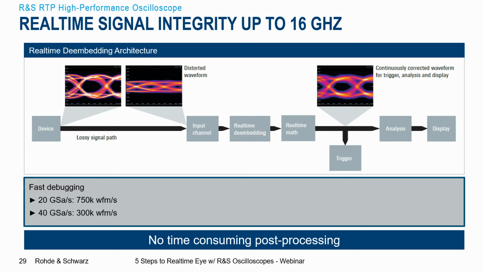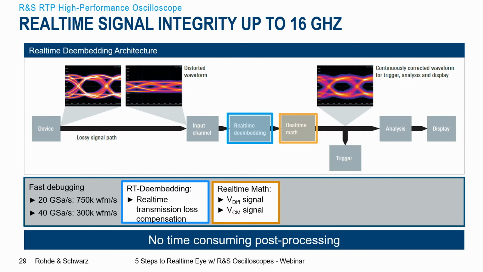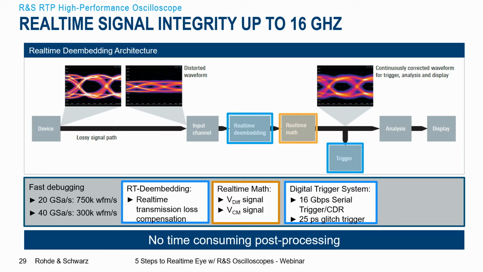Then we can apply the differential math, so we can calculate the differential signal and the common mode signal. Then we can apply the clock data recovery as a hardware trigger. And then we can apply mask test and histogram, also supported by hardware, in order to get very fast and comprehensive results. So far about the theory of the eye diagram setup.